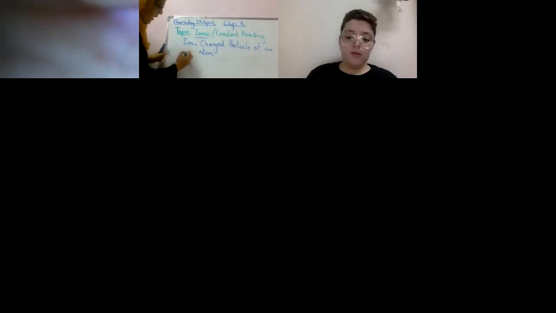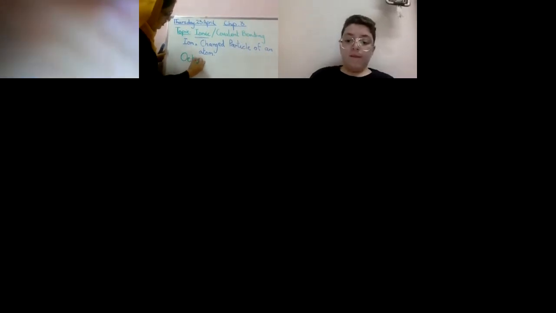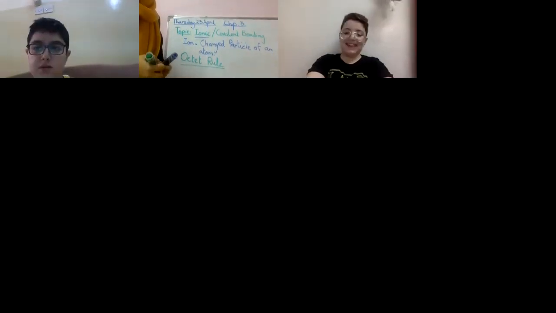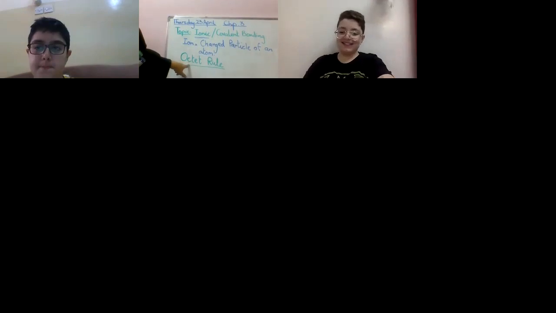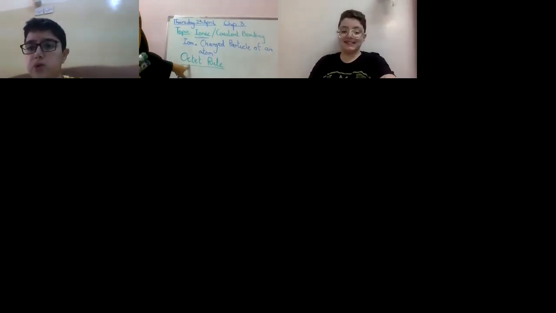According to scientists, for stability, each atom has to follow the octet rule. Okay, students? This is called the octet rule. In science, octa means 8. So all the atoms try, not necessarily, but they try to complete their outer shell with 8 electrons, either by gaining or by losing.